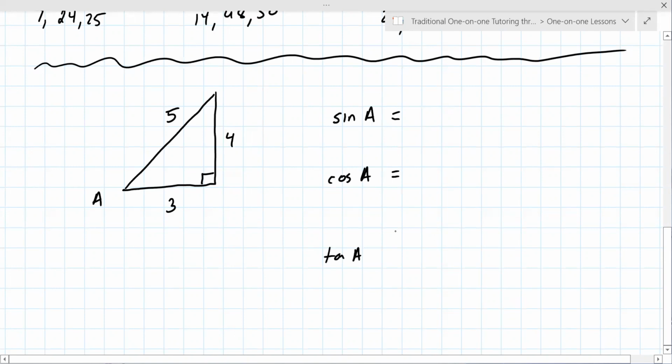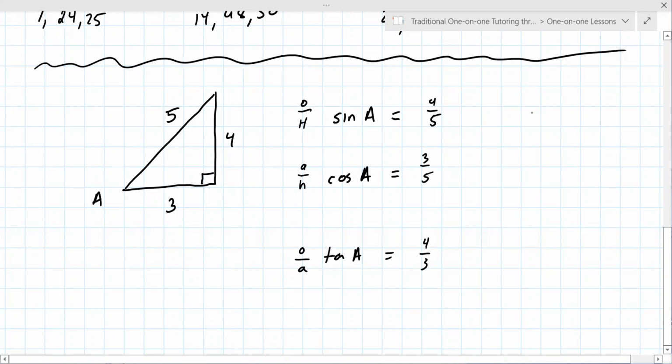Sine is opposite over hypotenuse, so 4/5, relative to this angle down here. Cosine of A is adjacent over hypotenuse, so that's 3/5, and tangent of A is opposite over adjacent, so 4/3.